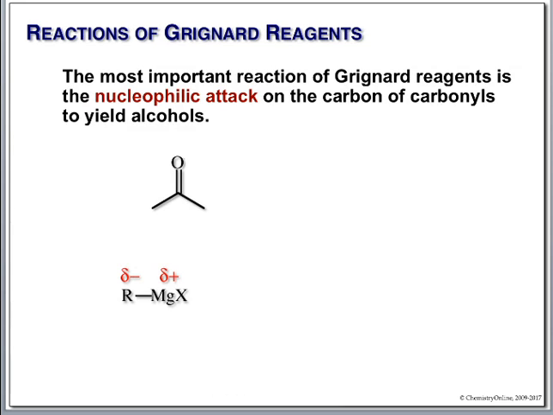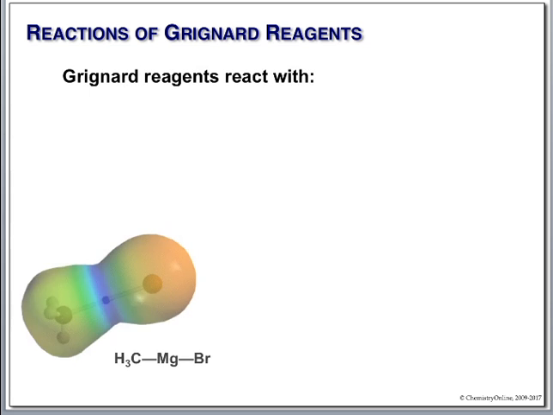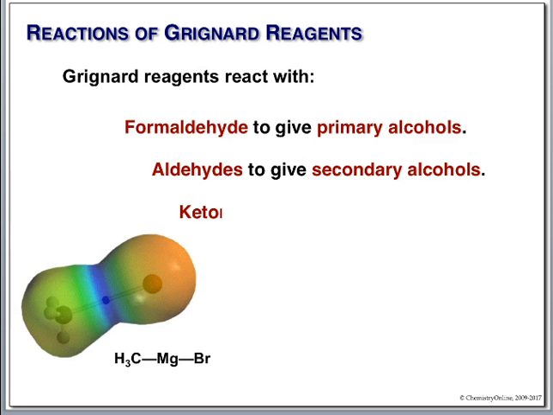Remember, this is positive, more positive than that end. We're going to simply donate R minus here and form this addition intermediate. The Grignard reagent is a stabilized carbanion. Once we have this stuff, it's stable. We take it down, we dump it into water, and we make our product.